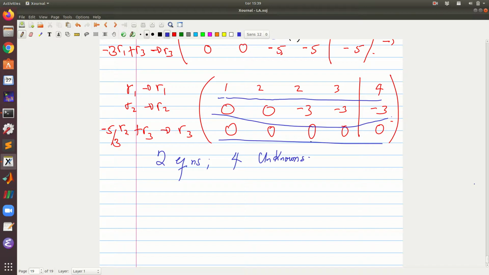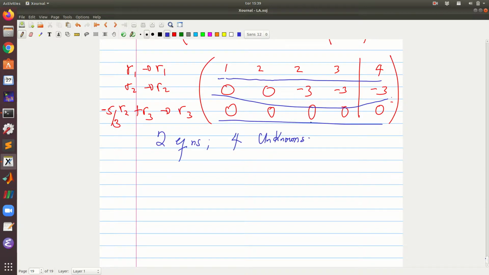Therefore, for this non-homogeneous system, we are going to do exactly what we did for the homogeneous system, by choosing what is going to be basic depending on the pivotal positions. This is a pivot, and this is a pivot. Therefore, this pivot corresponds to x1, and this pivot corresponds to x3. So x1 and x3 are going to be our basic variables.